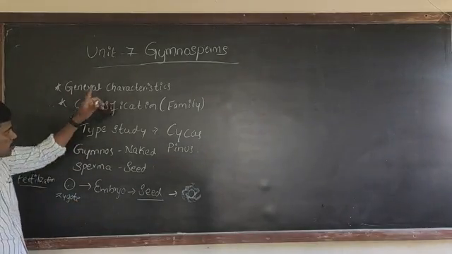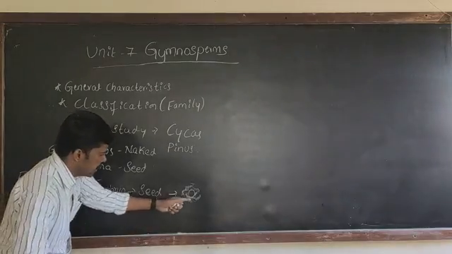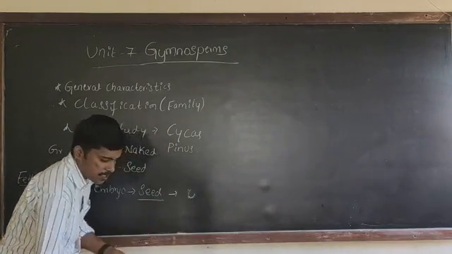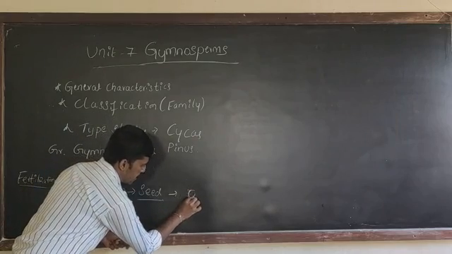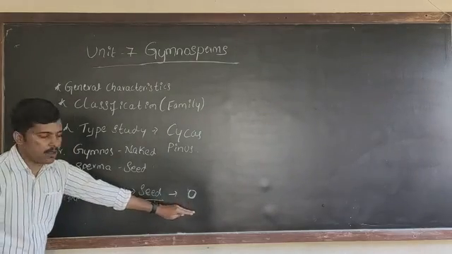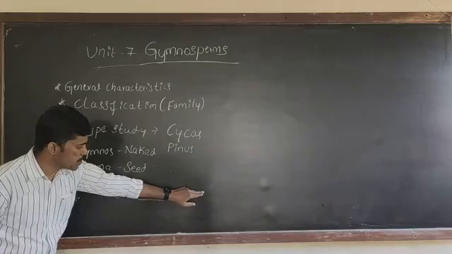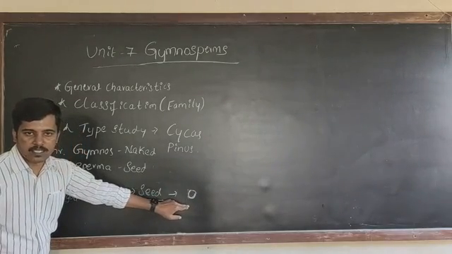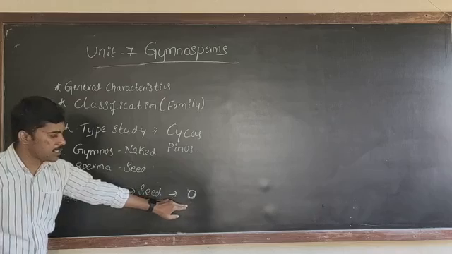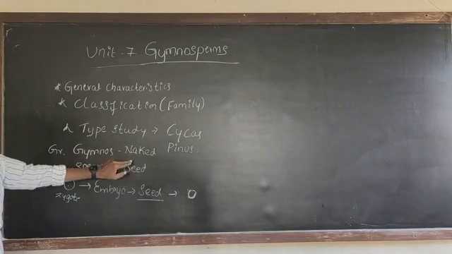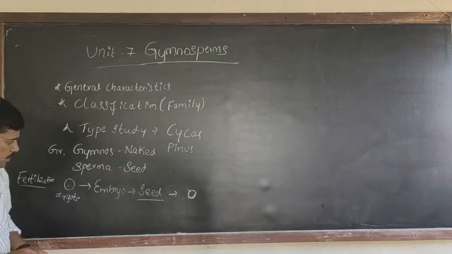But in case of gymnosperms, what happens? Around the seed, this fruit wall will not be developed. The seed will remain exposed to the air, or it remains as a naked seed. There is no formation of fruit around the seed. Because of this reason, the gymnosperms are known as naked seeded plants.